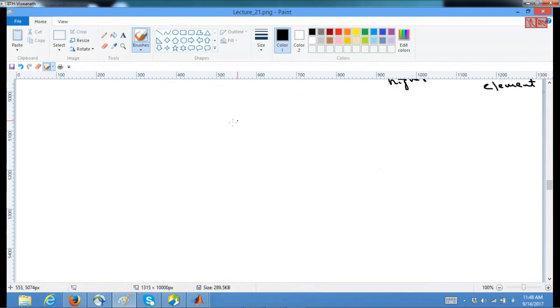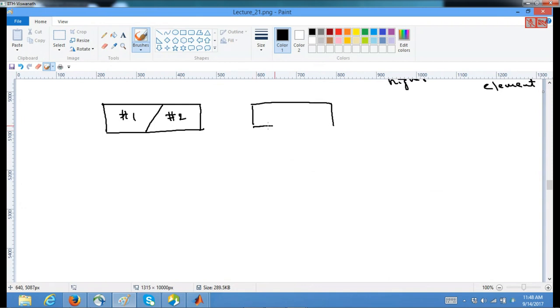So let us take two elements, such that this is element 1 and element 2. This is one choice. There is another choice. This is a straight line. I might not be drawing it as straight, but consider it as a straight line. Element 1, element 2.